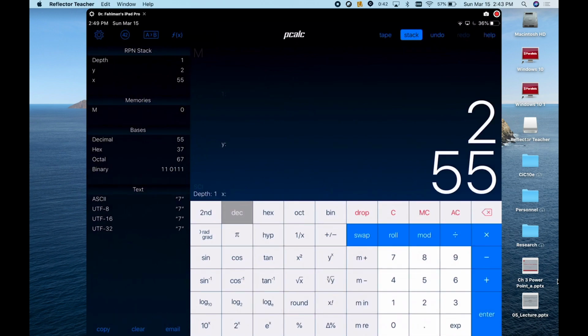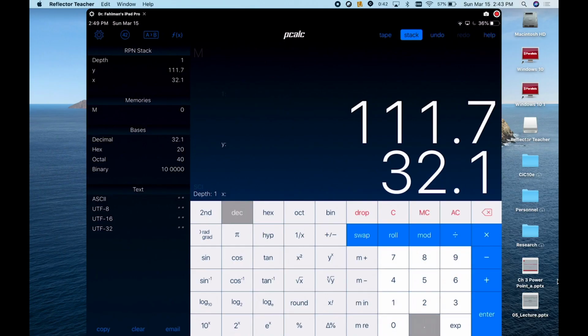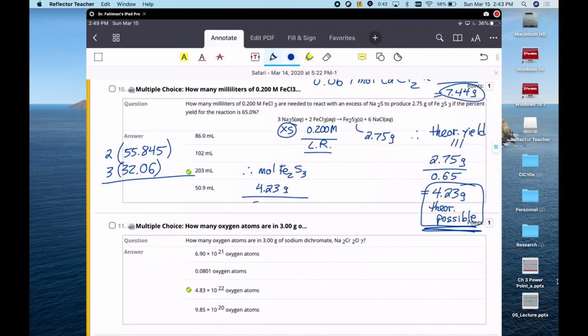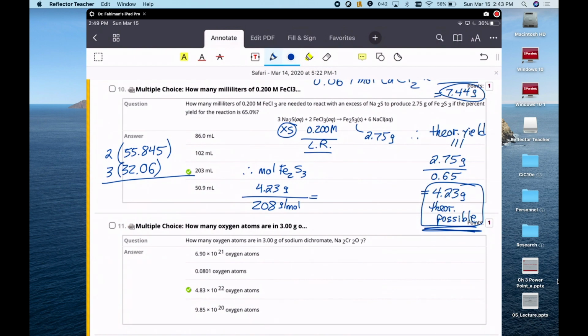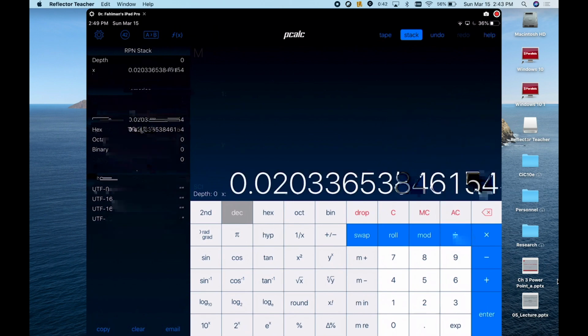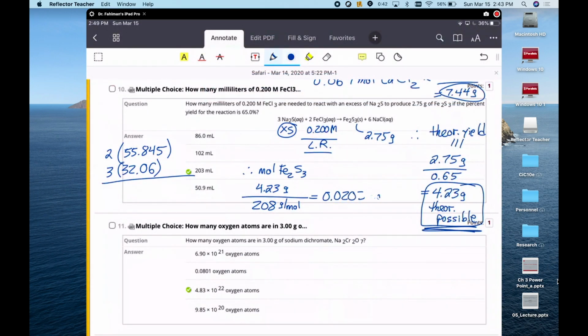So 2 times 55.85, and then 32.1 times 3, so that's 208. Then 4.23 divided by that, so we get 0.0203 moles of our Fe2S3.